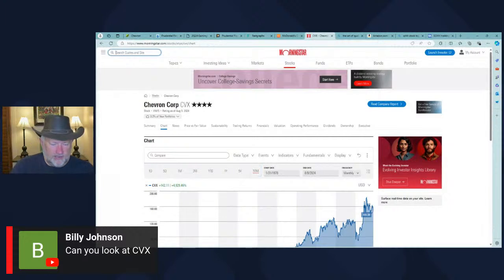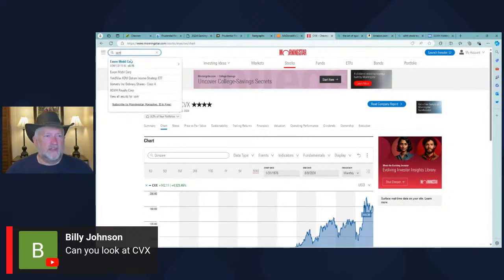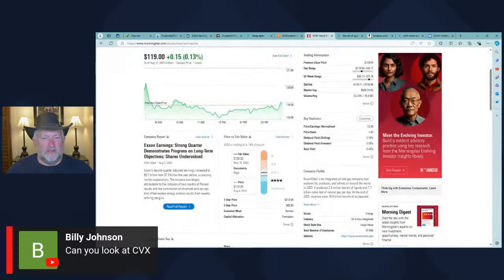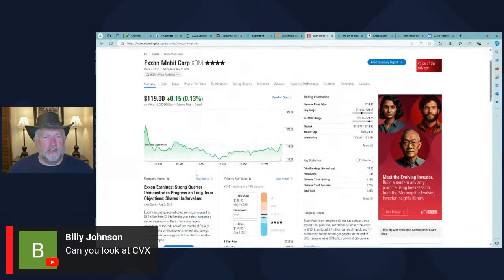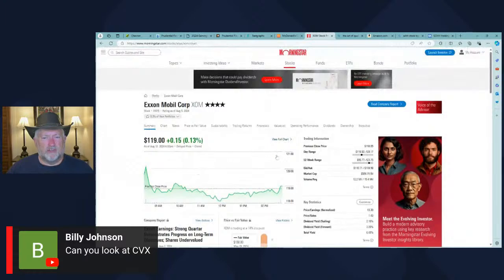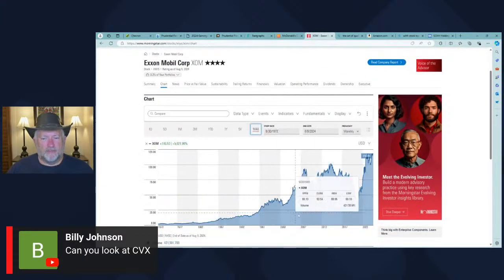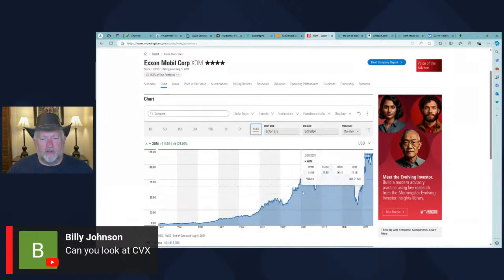Let's take a look at Exxon just really quick. Exxon Mobil. They're at a 14% discount. I wonder why they recommended Exxon over Chevron. I'm not really sure, but let's take a look at Exxon as well. Their max. You can see here very cyclical as well.